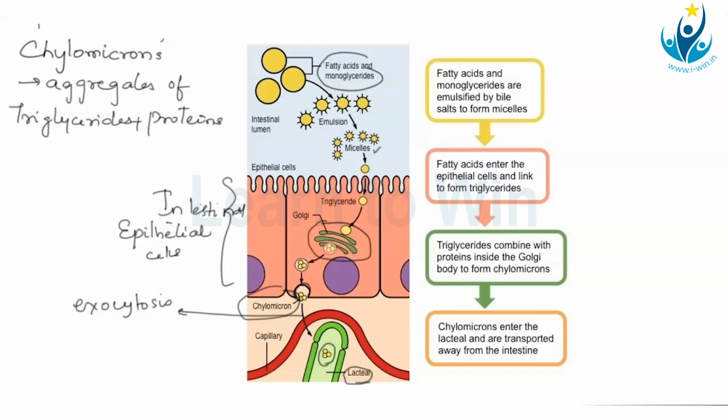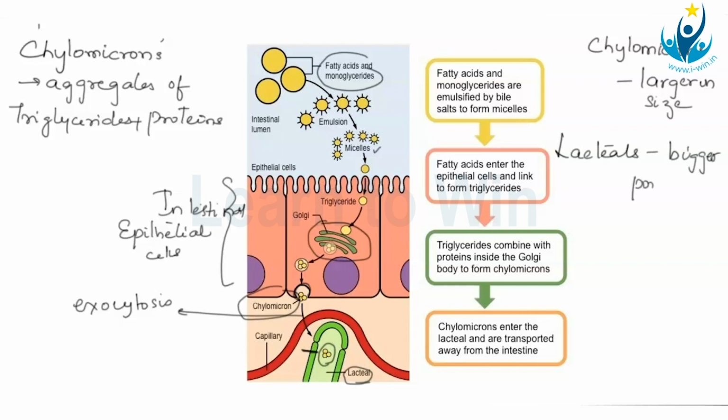Why are they entering into the lacteals? Please remember, chylomicrons are comparatively larger in size with respect to amino acids and carbohydrates, right? So the lacteals or the lymph have bigger pore size.